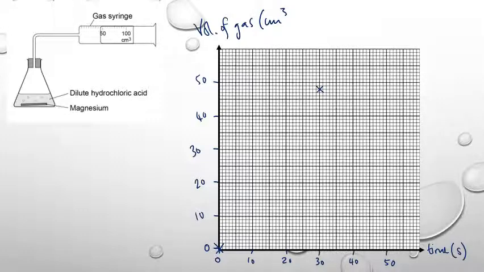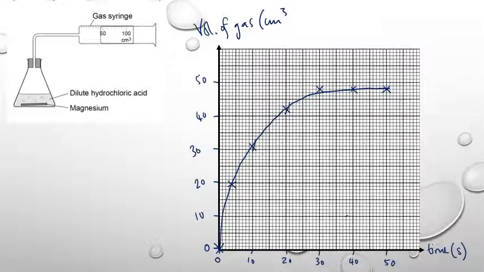And every 10 seconds, it's going to stay at that level if the reaction has finished. In between, initially the gas would be produced very quickly, but gradually it would slow down. So here's my line. That's actually not the best line. Let me try again. Here's my line. That's better.